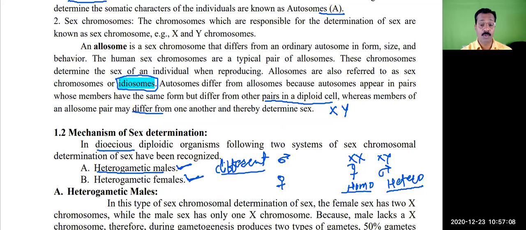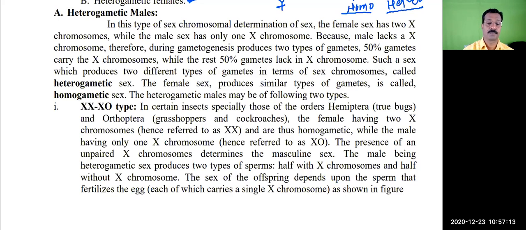This is a known phenomenon to you. In this heterogametic male, there are two different gametes from the male, and the female will have both gametes similar, X. In the female, X chromosomes are there, and that's why it will form 50% with X as well as the remaining 50% with X, meaning it will form a similar type of gamete.